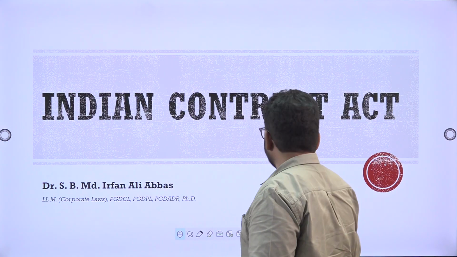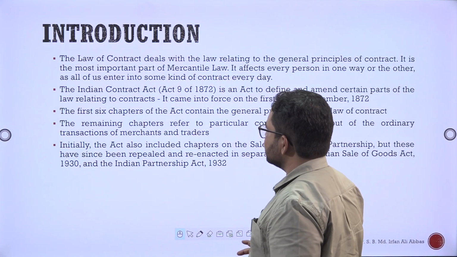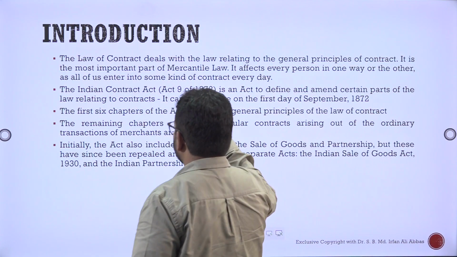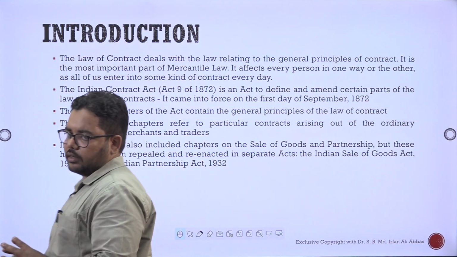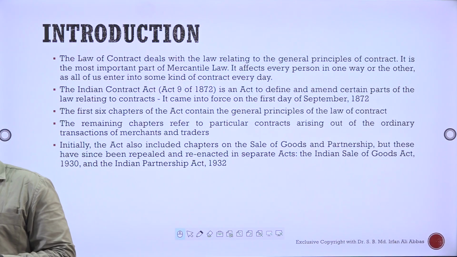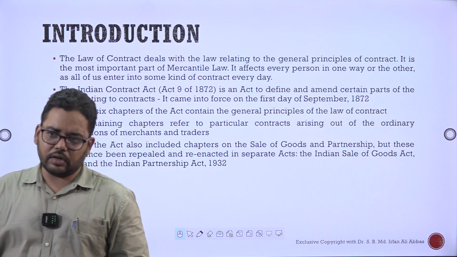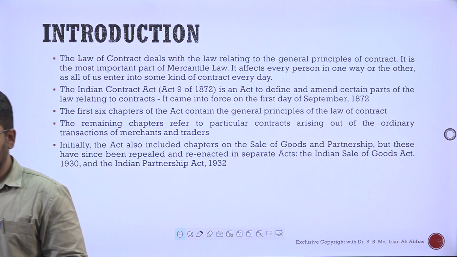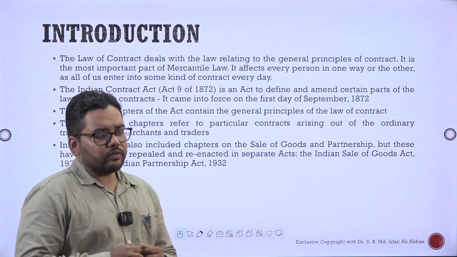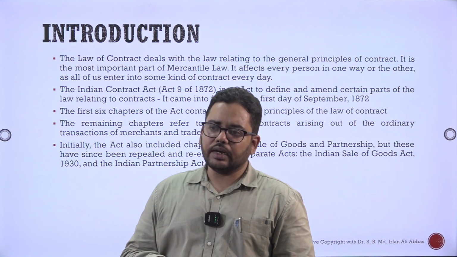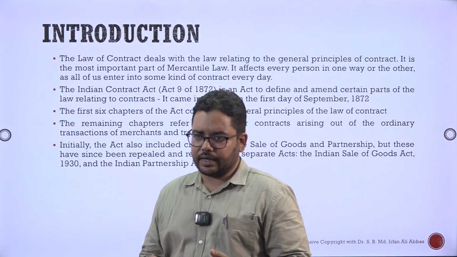Now coming to the Indian Contract Act. First of all, what is the law of contract, what is its scope, what does it include, what does it cover, what does it regulate? The law of contract deals with all kinds of mercantile transactions.